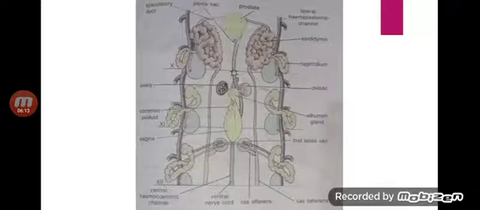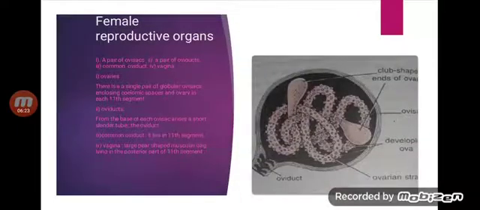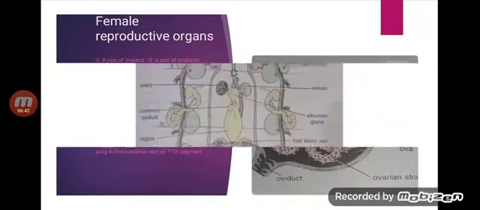and also we can see the female reproductive structures in this diagram: the ovisac, ovary, and vagina. Now coming to the female reproductive organs, they consist of a pair of ovaries, a pair of ovisacs, oviducts, a common oviduct, and a vagina.